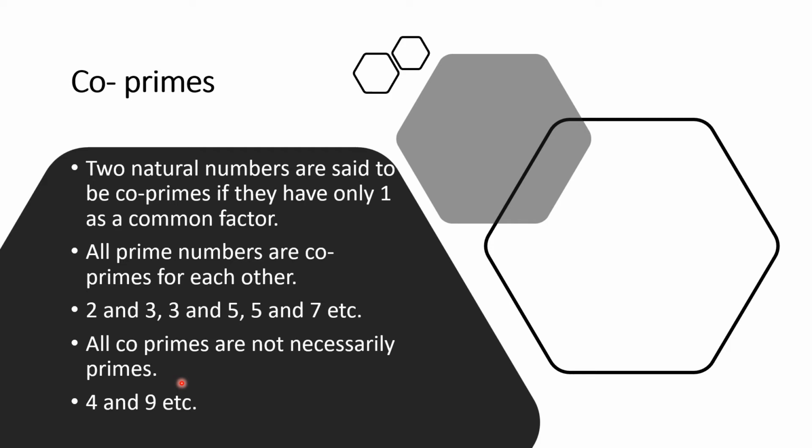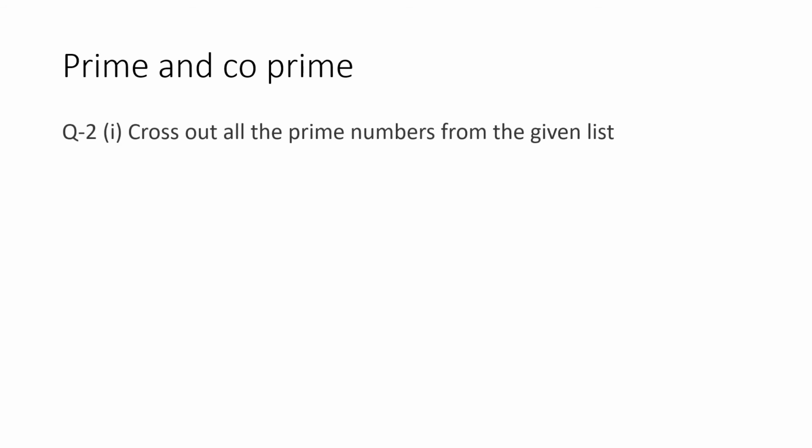But 4 and 9, what are the common factors? Factors of 4 are 1, 2 and 4 and factors of 9 are 1, 3 and 9. And the common factor is, yes, number 1. It means 4 and 9 are co-primes, but they are not prime. So these are co-primes. Now let us solve one question of prime and co-prime.